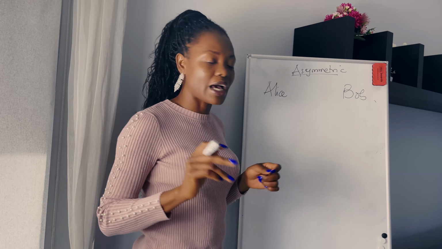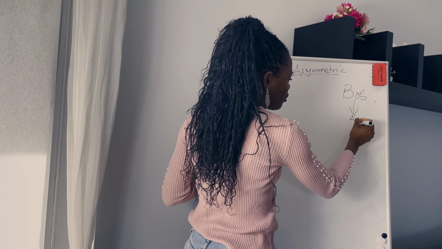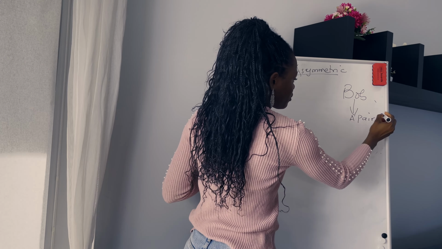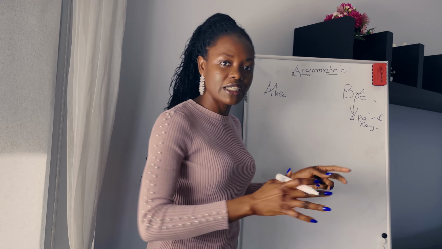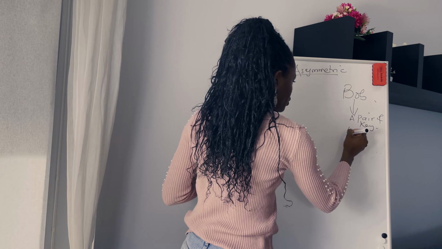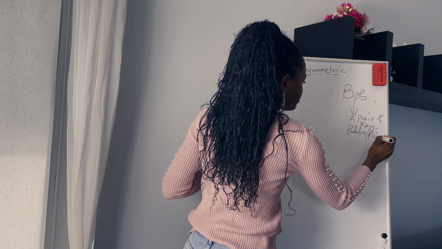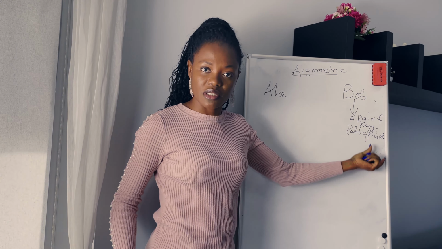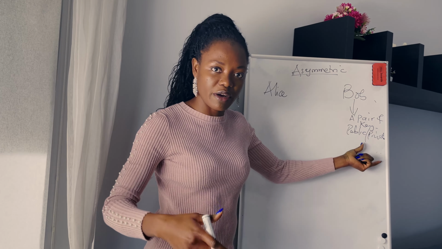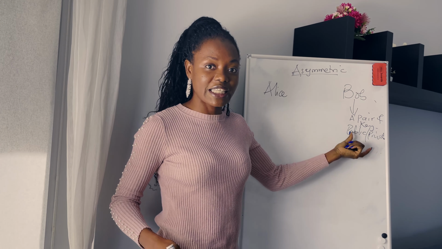Now, the first thing that happens is that Bob will generate a pair of keys. And this will contain a public and private key. Now, Bob will keep his private key to himself. It's private. I'm supposed to keep what is private. Now, Bob would publish his public key.